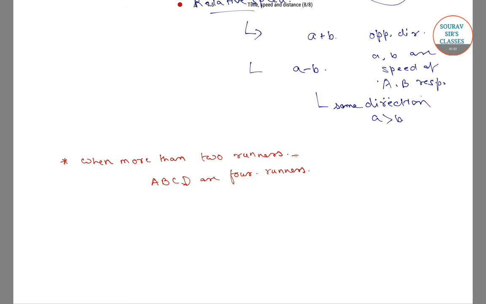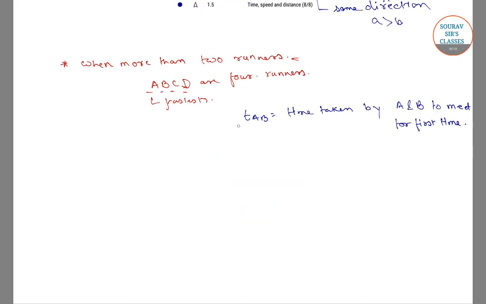Now when there are more than two runners running in the same track, then let us consider that A, B, C, D are the four runners that are running in a track, with A being the fastest. Let TAB be the time taken by A and B to meet for the first time. TAC is the time taken by A and C to meet for the first time.